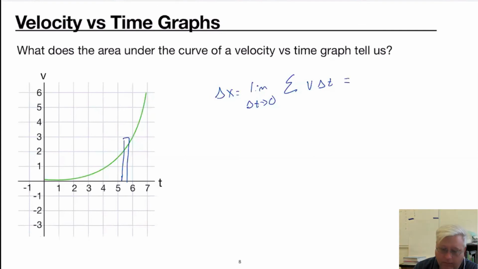And then when we do a sum in calculus, if you haven't gotten to Calc 2 yet, we call this sum essentially an integral. That's all an integral really is, a sum, right? So from t initial to t final of the velocity times dt, not delta t anymore.